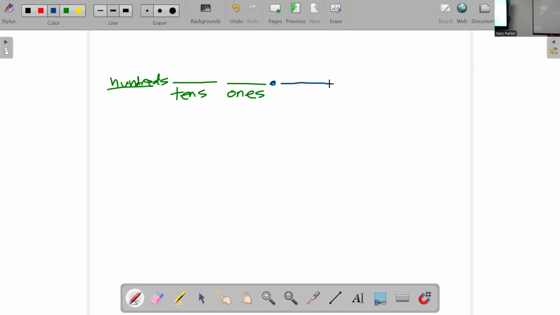And then to the right of that, we have our tenths position, and then we have our hundredths position. And we can write these using digits, numerals.